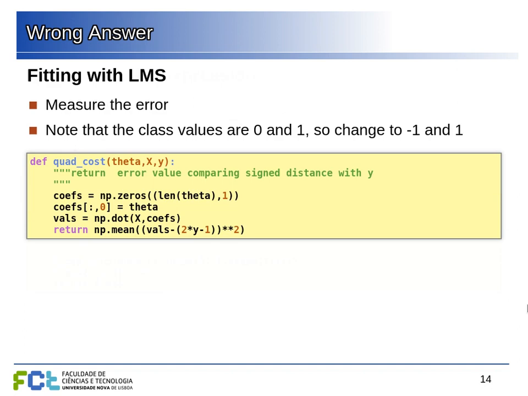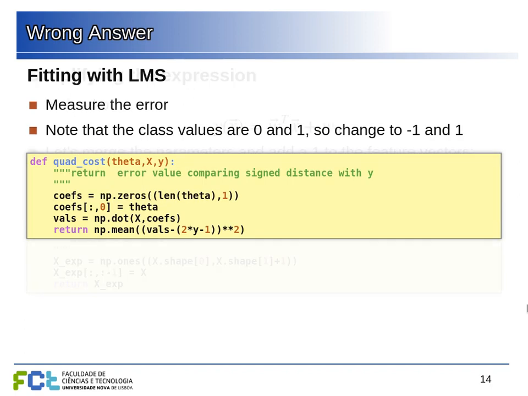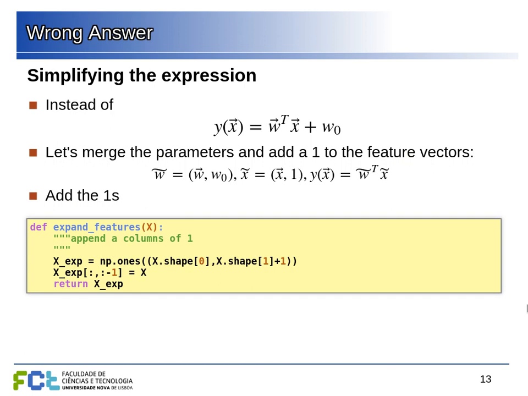Now we compute the cost function, that is the quadratic error. So we will multiply the coefficients vector by all the data. This will give us this y function here that is negative on one side, positive on the other. So we do that with the dot product there. In order to do this multiplication, we need to have this vector as a column, and this vector is a row.